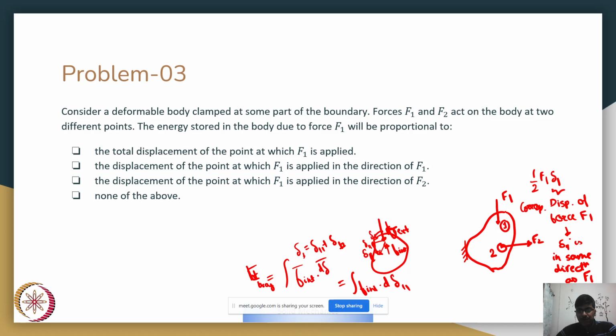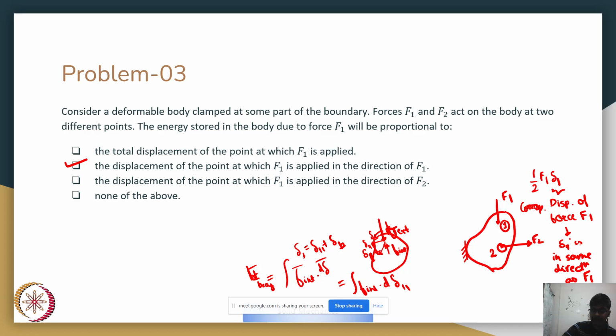Even from this logic, energy stored is only along the direction; if you want to calculate the energy stored in the body, you only want the displacement which is along the applied force.